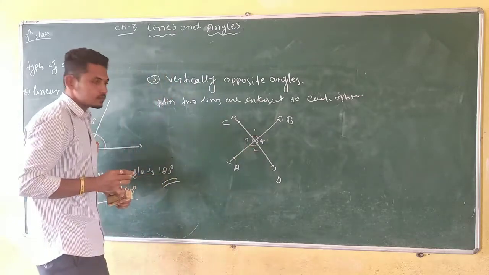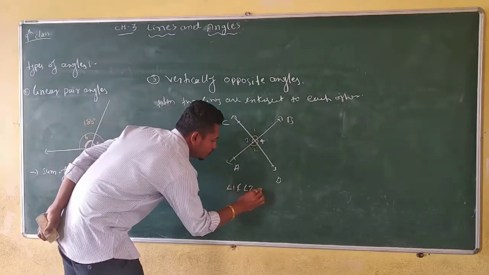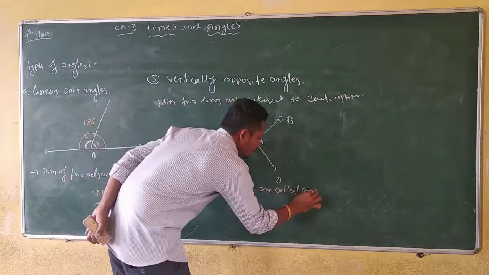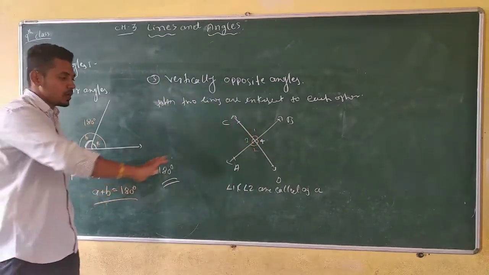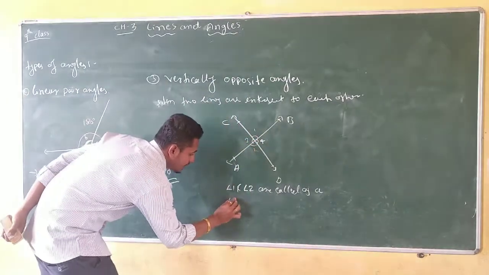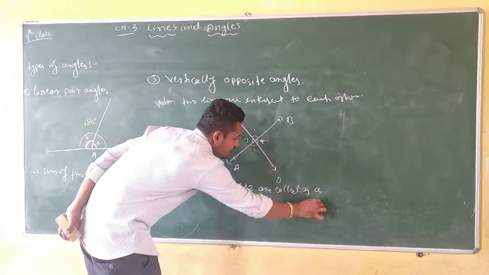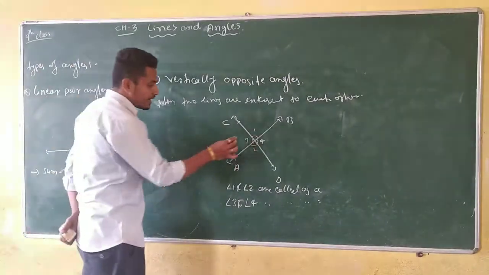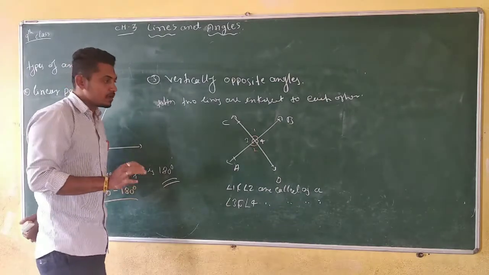So angle 1 and angle 2 are called vertically opposite angles, and angle 3 and angle 4 are called vertically opposite angles. But angle 1 and angle 3 are not vertically opposite angles.